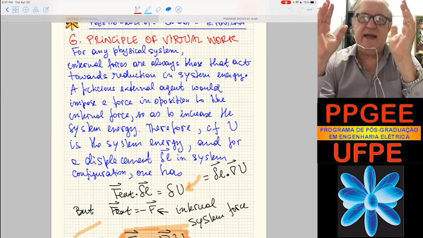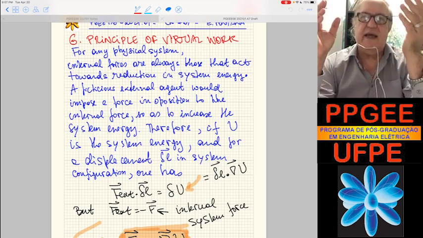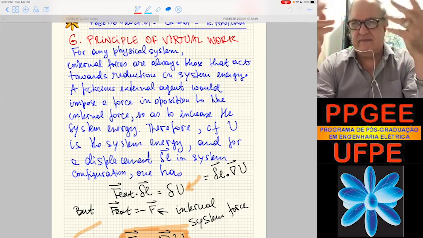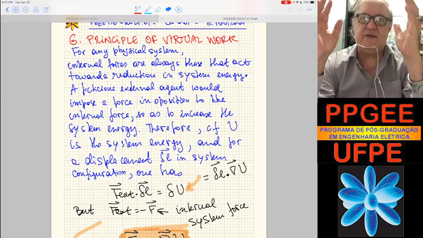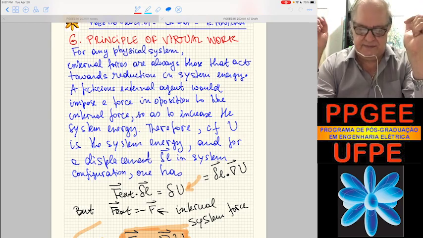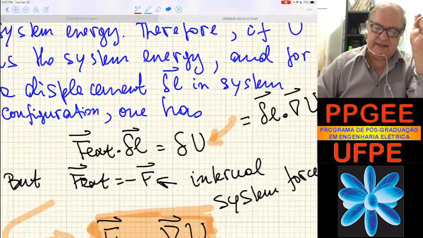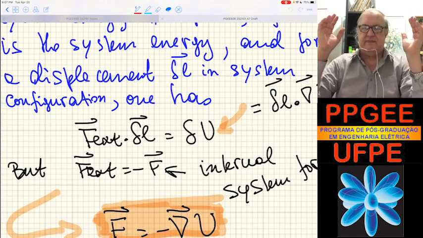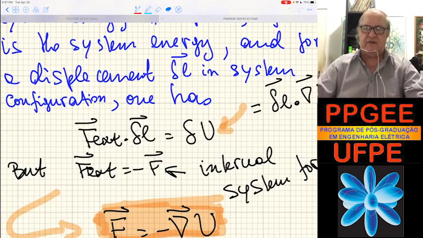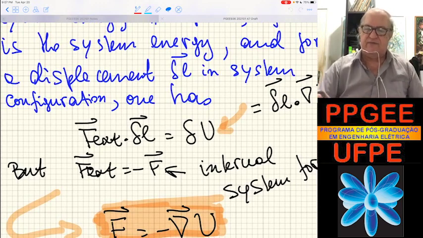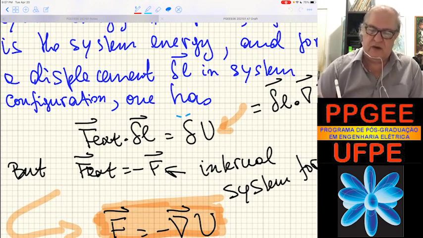So the external agent applies a force that would increase the energy. Internal forces have strengths that try to reduce the energy, okay? So if we imagine that the system wants to change to a lower state of energy, the external agent would apply a force that would produce work.